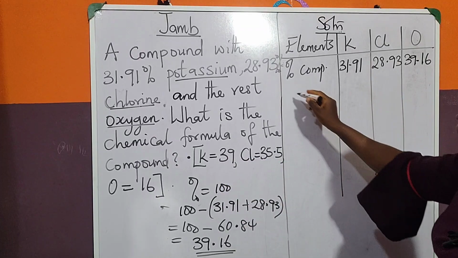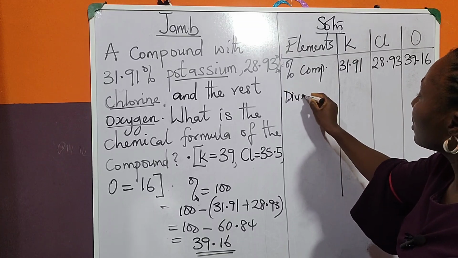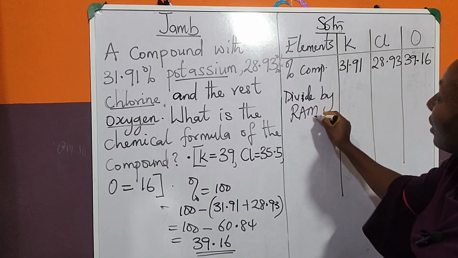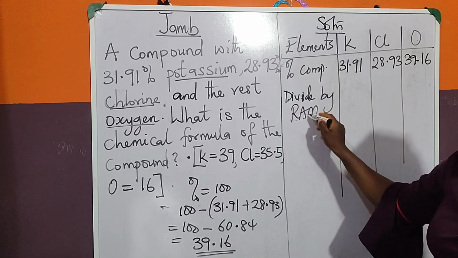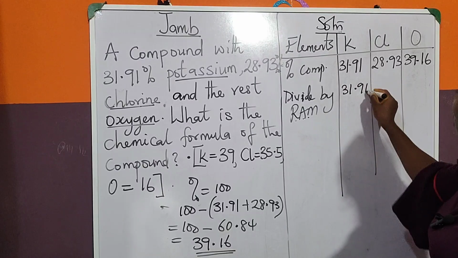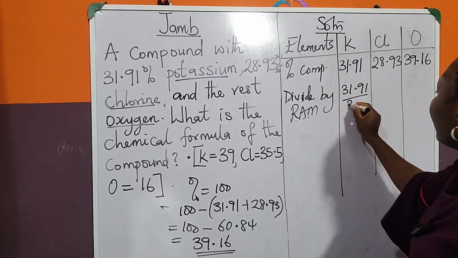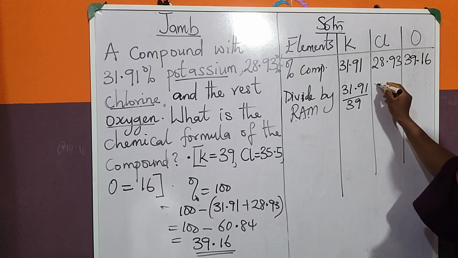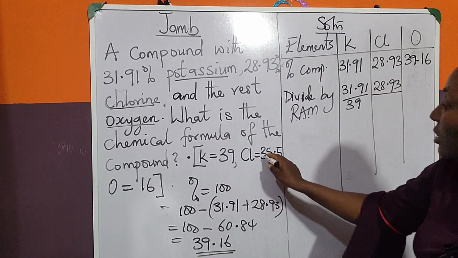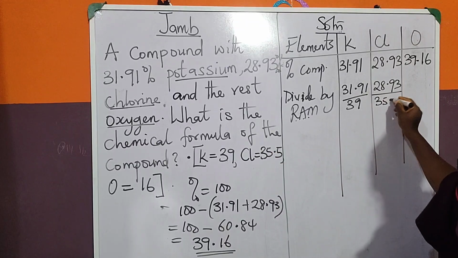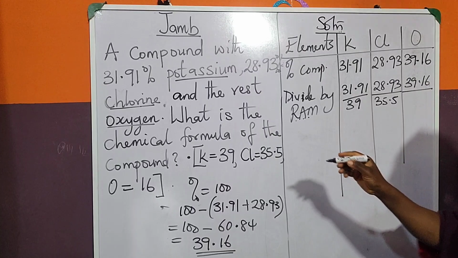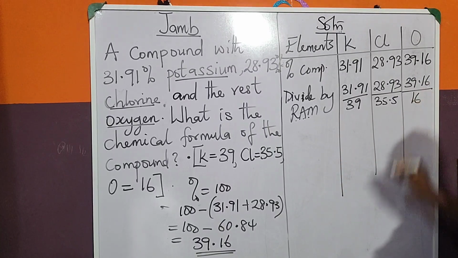The next line of action is to divide these percentage compositions by their individual atomic masses, that is, by RAM, relative atomic mass. So I'll have 31.91 divided by 39, 28.93 divided by chlorine, that is 35.5, and 39.16 divided by that of oxygen, which is 16.